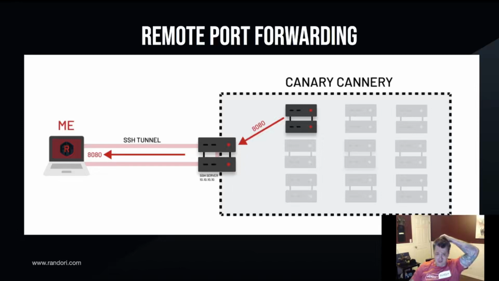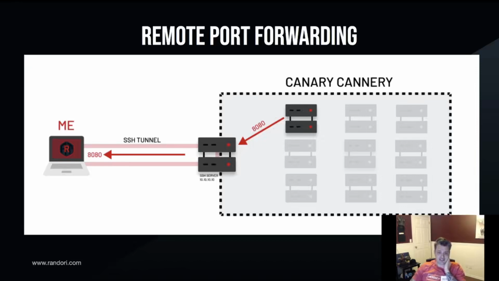So now I can do what's called a remote port forward. So from me on my box, I will set up where port 8080 on this SSH box actually forwards instead of this way, forwards this way. So if you go to port 8080 here, it actually comes and hits my box on port 8080.